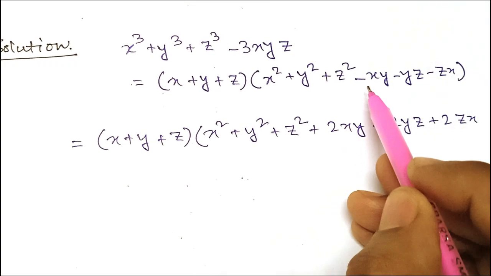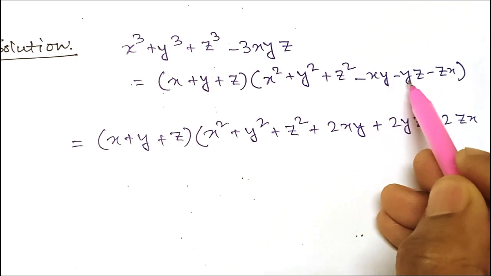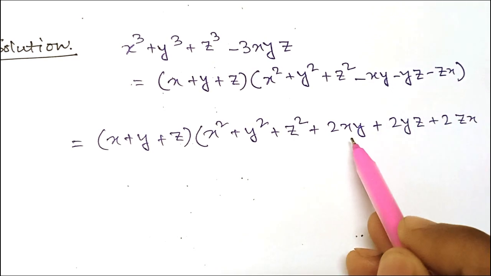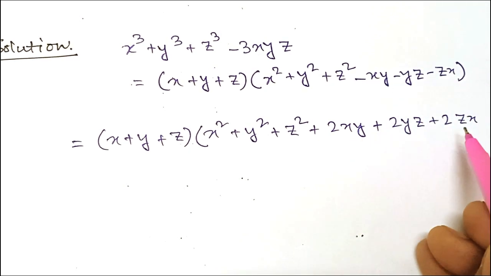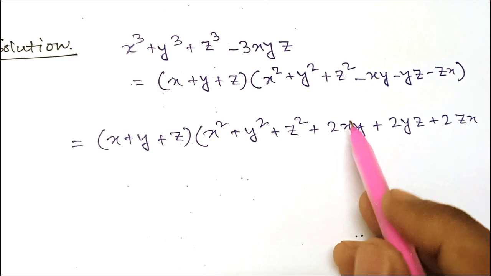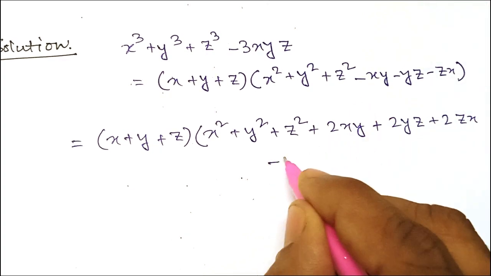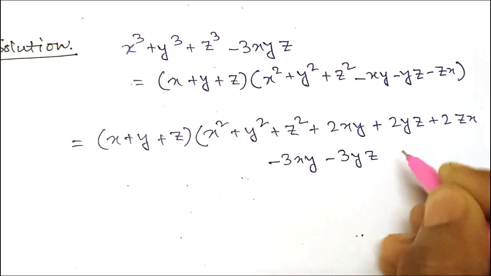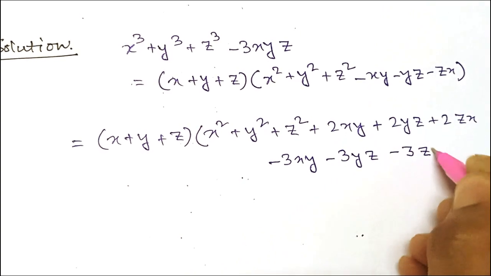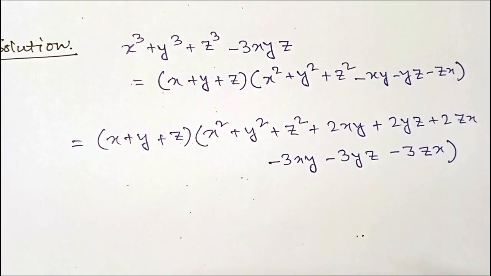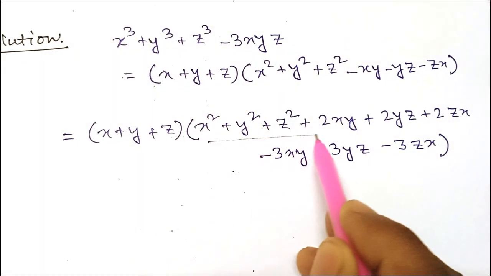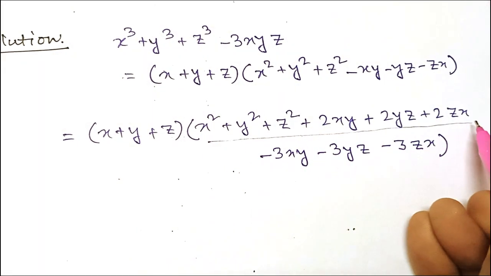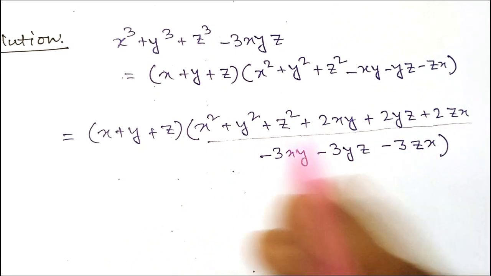We have just, instead of this minus xy minus yz and minus zx, written 2xy, 2yz and 2zx. So we have to deduct minus 3xy minus 3yz minus 3zx. Okay, the formula of x plus y plus z whole square.